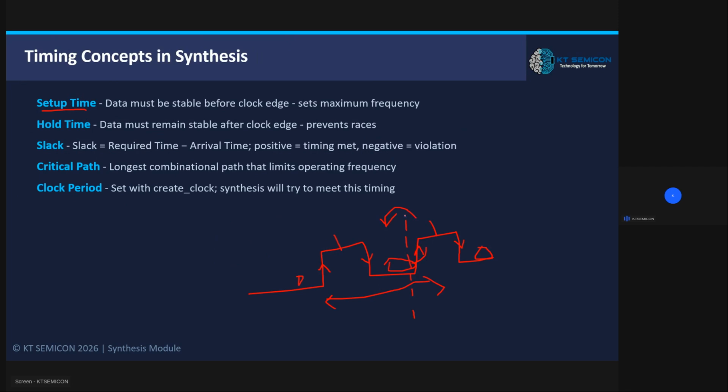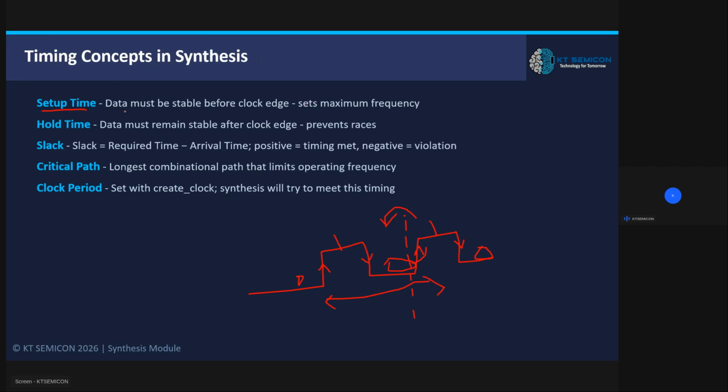If my data is stable before this margin, then whenever my signal is triggered to 1, it can easily transfer the data to the next cycle. If my data is not stable until this margin, then it may face some issues while transferring the data from one cycle to the next cycle, correct? So that's why in setup time we need the data to be stable before the rising edge of the clock, right?